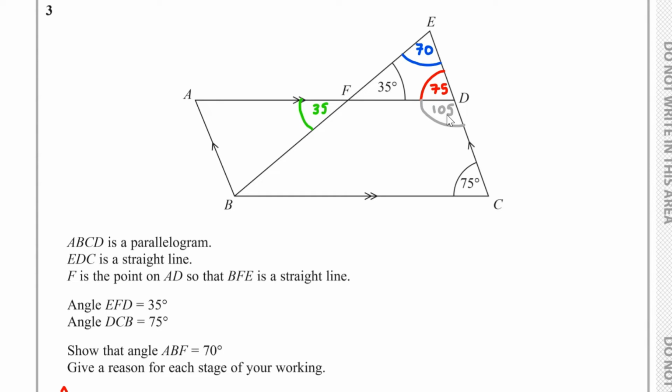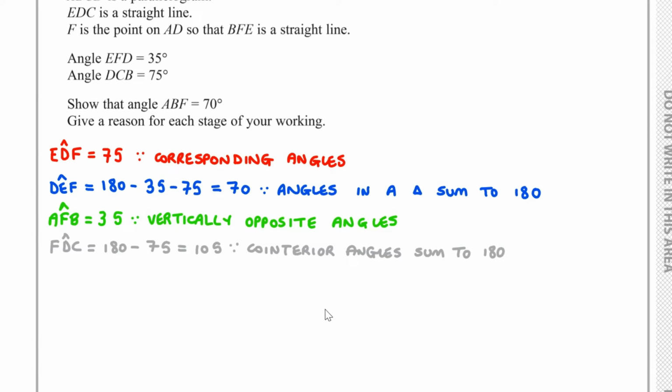Let's just write that down. So we've got FDC, which is equal to 180 take away 75, which is 105, and that's because co-interior angles sum to 180.